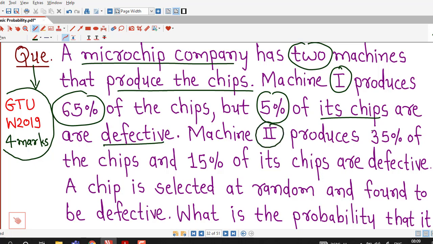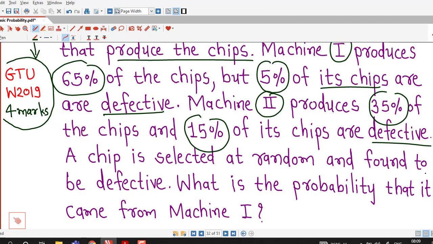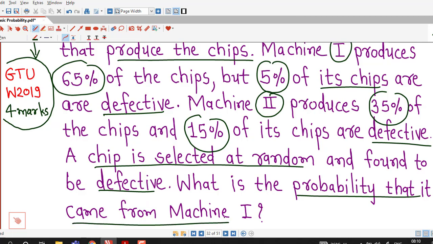Similarly, machine 2 produces 35% of the chips and 15% of its chips are defective. Now a chip is selected at random and found to be defective. We have to find the probability that the defective chip came from machine 1.